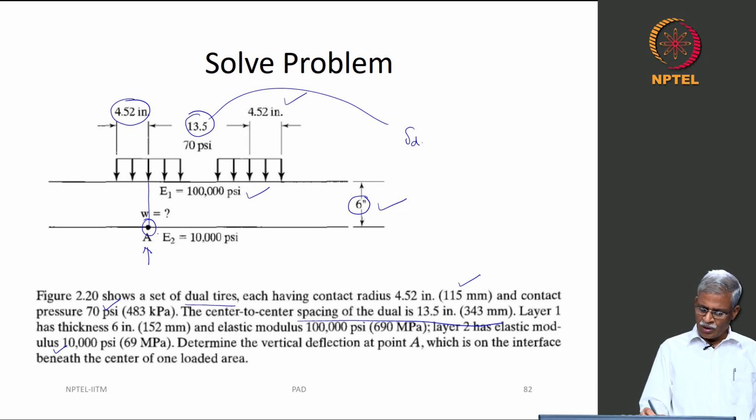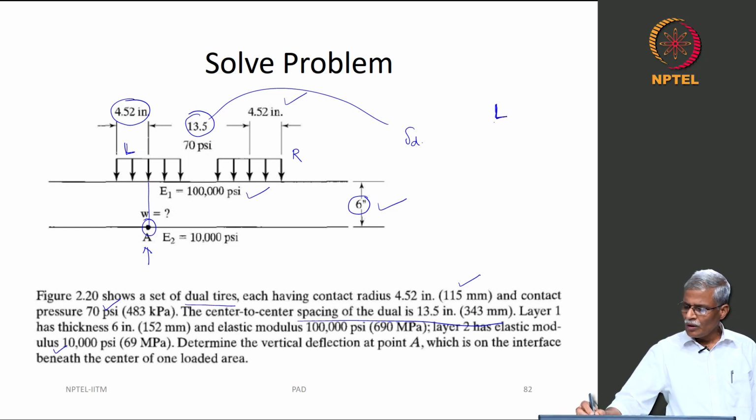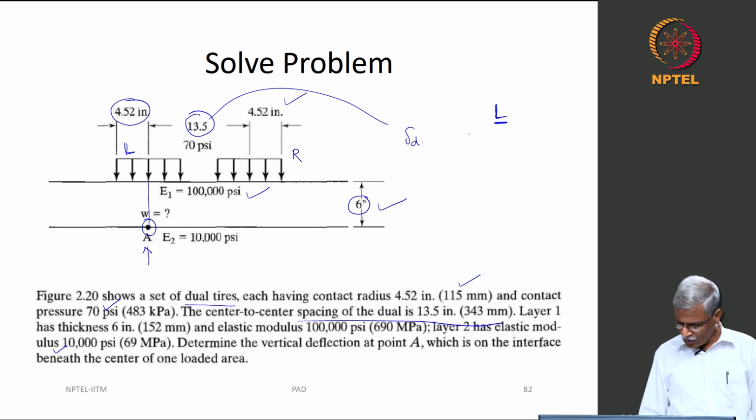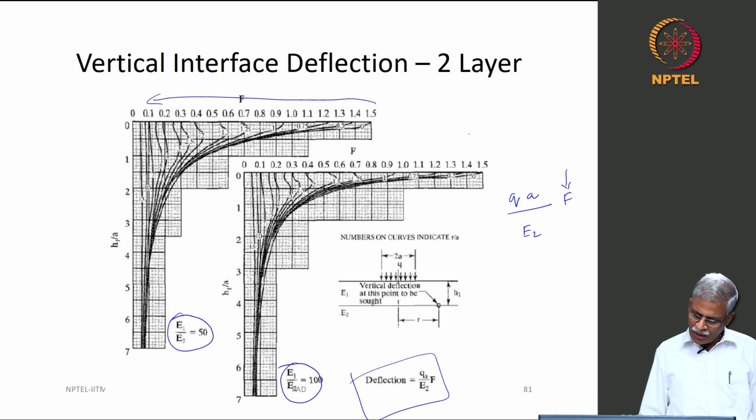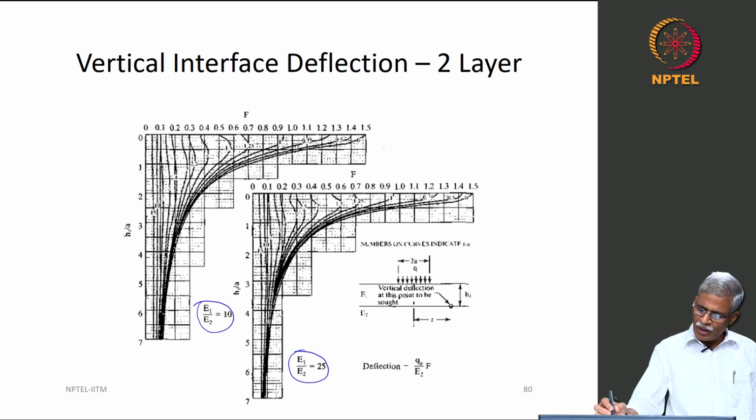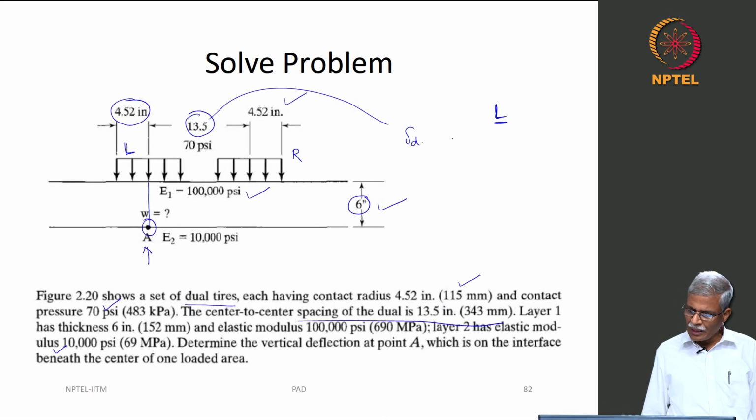Now, if you want to compute the deflection at A, you need to compute the deflection at this point due to this load, I will call it the left load, and the right load. Because for E1 by E2 of 10, what you need is R by A and H by A. So, for the left load R by A is equal to 0, and H is the same in both the cases.